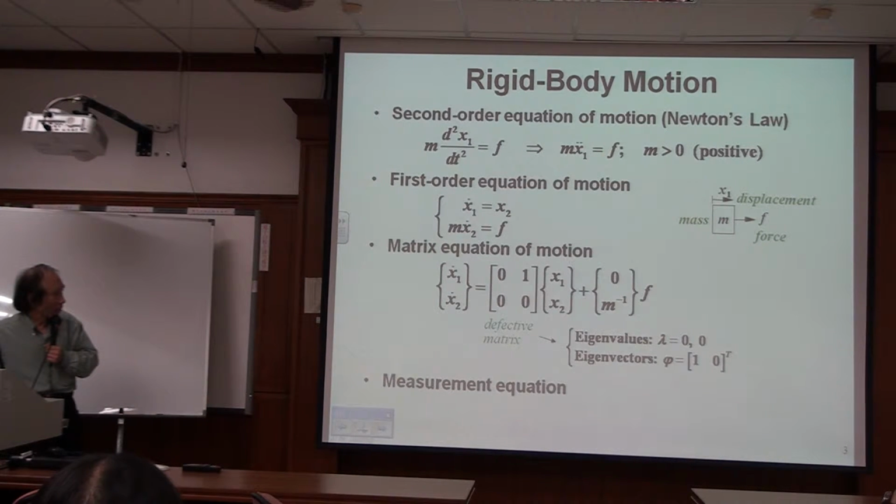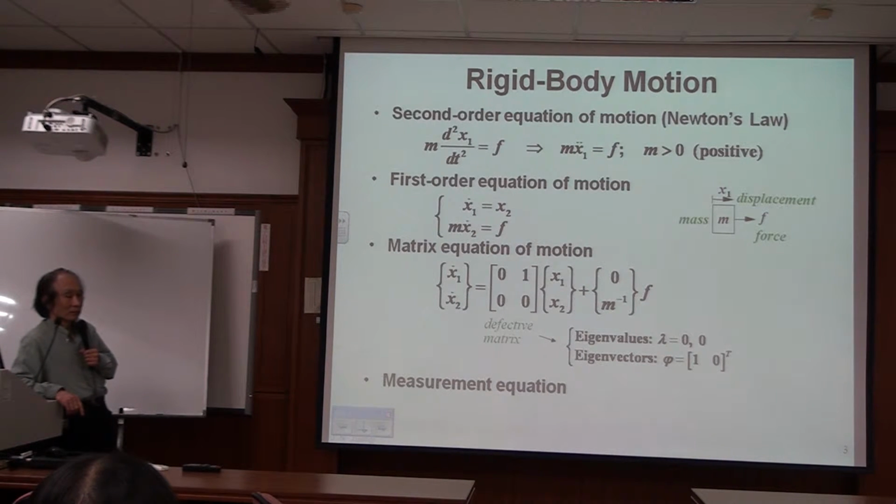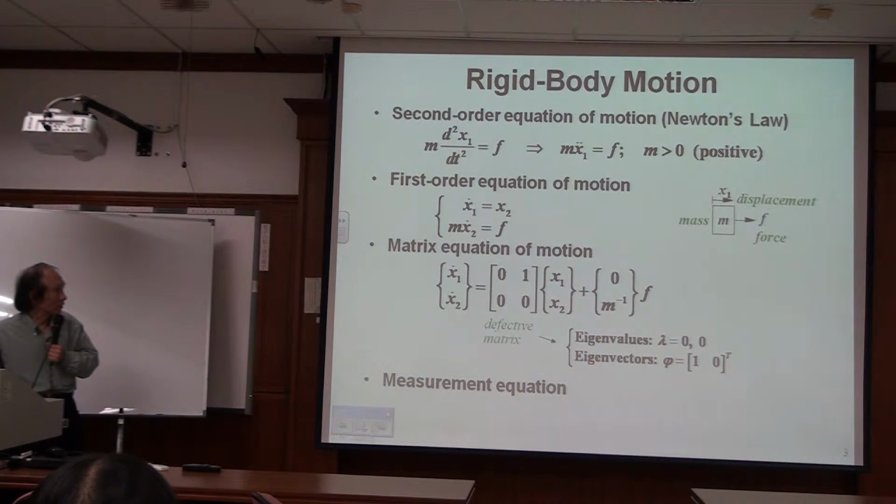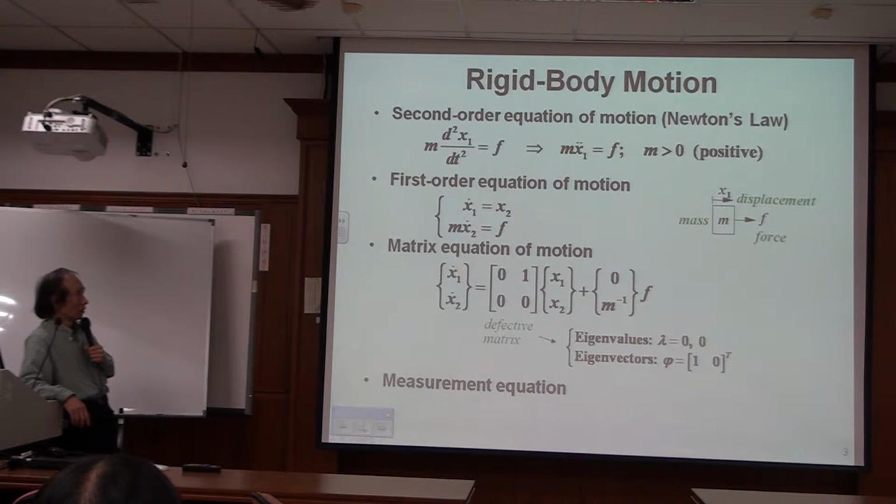We know that x1, x2. What is x1 here? What does that mean? This is displacement, right? What is x2 here? This is velocity, right? So we have x1 displacement, we have x2 velocities.